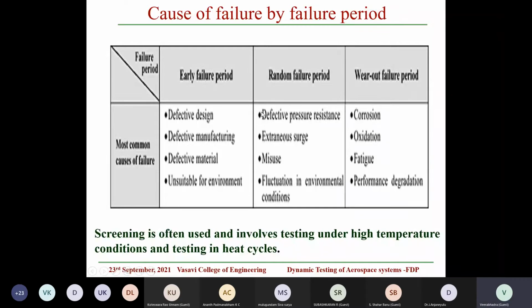Once stabilized, the mid-life failures, or random failure period, are basically due to misuse or fluctuation in environmental conditions. The end of the component's life is basically due to corrosion or fair wear and tear. Screening is often used in our aerospace industry to weed out these latent failures, that means initial failures. It usually is a combination of high and low temperature cycles along with vibration.